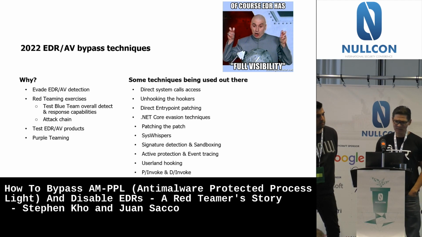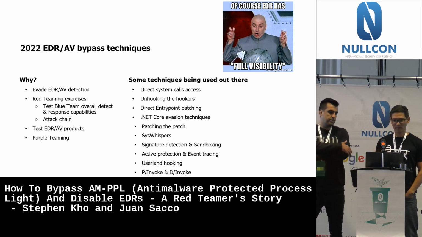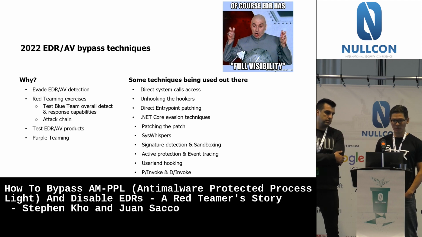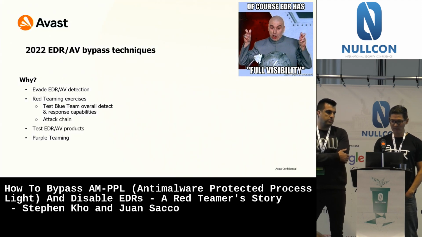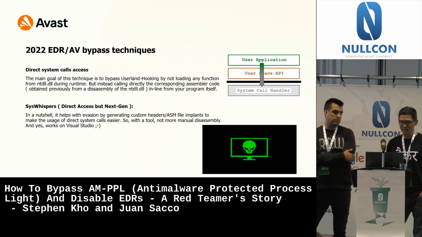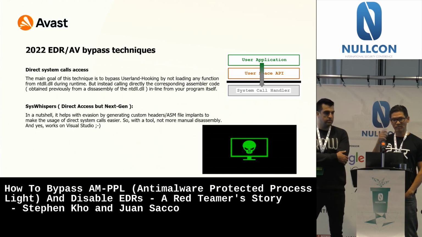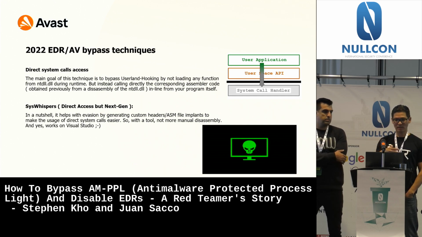So there are a number of reasons why you want to do this. And here's a list of a whole bunch of techniques that are being used out there. Depending on the environment, the language, and the version of Windows you're running, there's a whole number of different techniques you would use to do this evasion. I'm just going to talk about maybe a couple. First, direct system calls. Instead of going through the API, you're actually disassembling NTDLL, finding out the actual address to jump to, and bypassing the API directly.